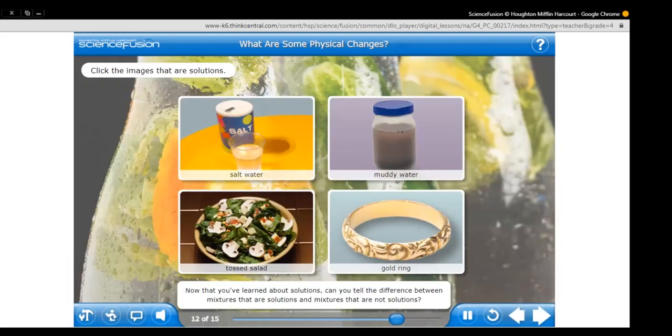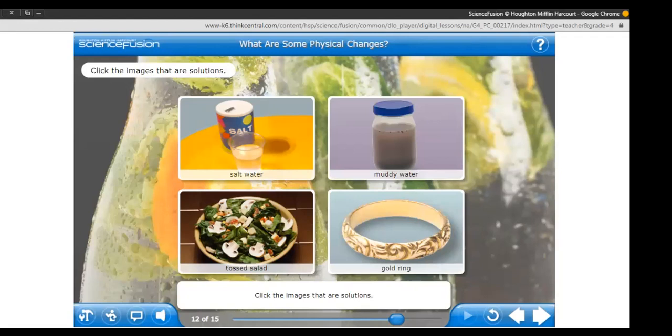Now that you've learned about solutions, can you tell the difference between mixtures that are solutions and mixtures that are not solutions? Click the images that are solutions. Okay. Yusuf?